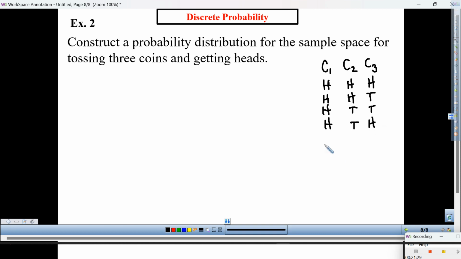Next, tails, heads, heads. Oh, you want to go tails, tails, tails? Okay. We'll start with tails, tails, tails. And then tail, head, tail. And what else? Heads, heads.